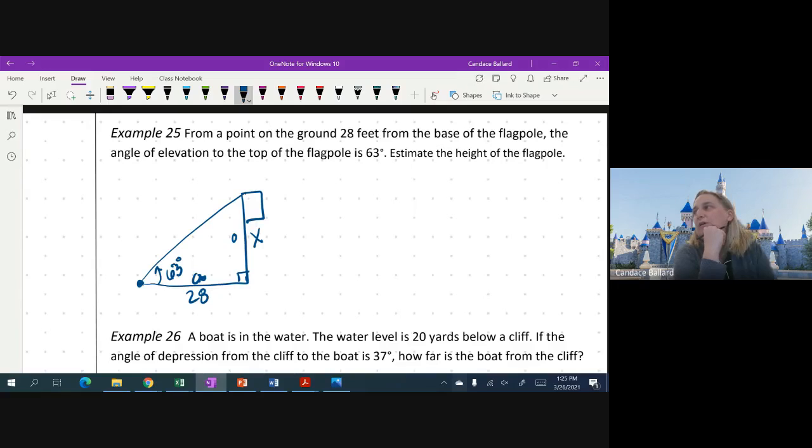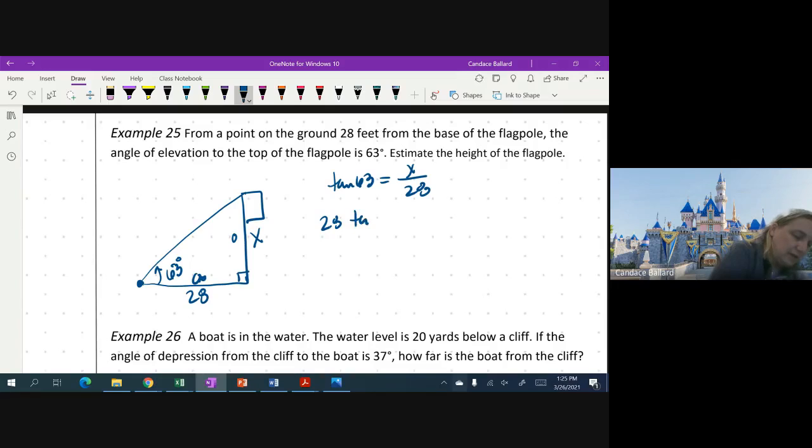Nice work. All right, we're looking at tangent. Nice job, everybody. So we've got the tangent of 63 equals x over 28. Again, we're going to multiply. 28 times the tangent of 63 equals x. Okay, I'm going to put it in my calculator one more time.